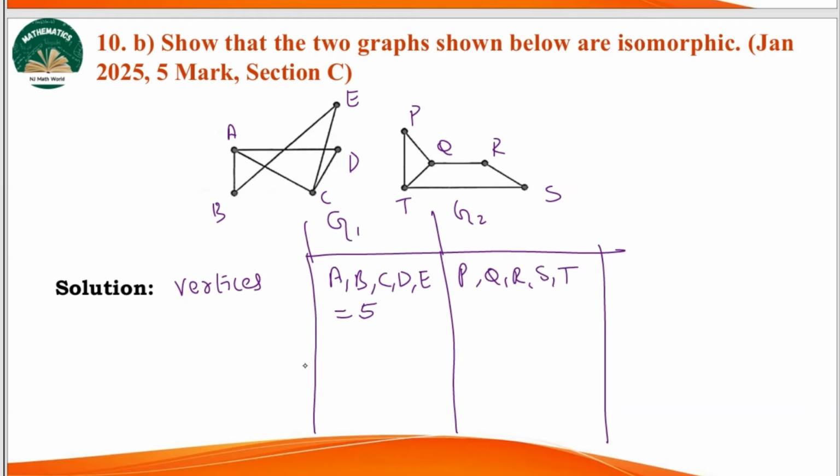So we have 5 vertices here and 5 vertices here. So the number of vertices is the same. Then second, we'll find the number of edges.